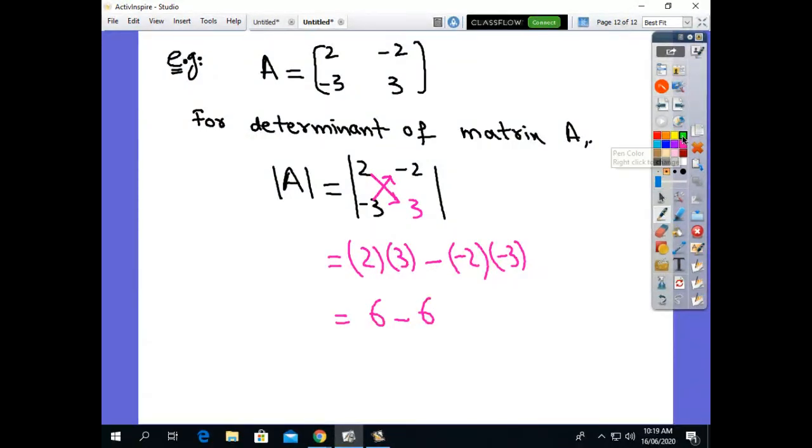After cancellation, we have 0. Therefore, the determinant of matrix A is equal to 0. Similarly, we can solve more examples.